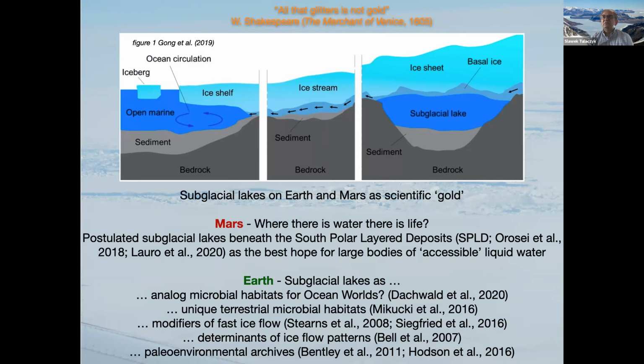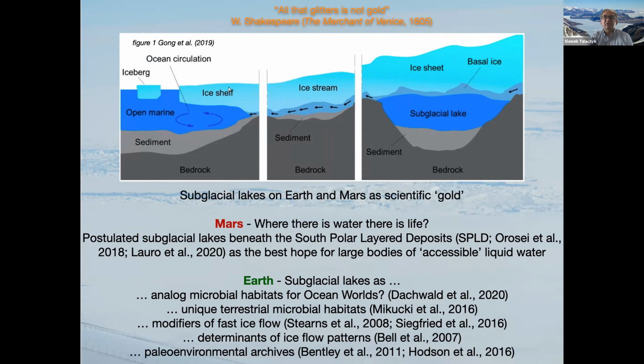Review for many of you. Subglacial lakes exist, as many of you have worked on, in Antarctica abundantly, and some in Greenland. So we have bodies of water of different sizes beneath the ice sheets, and smaller bodies of water beneath glaciers and ice caps. And it looks kind of like this.